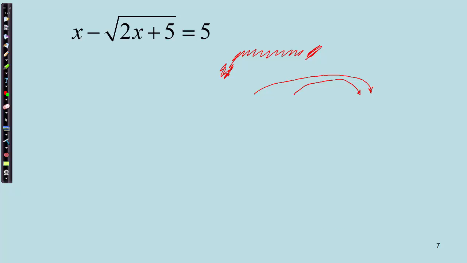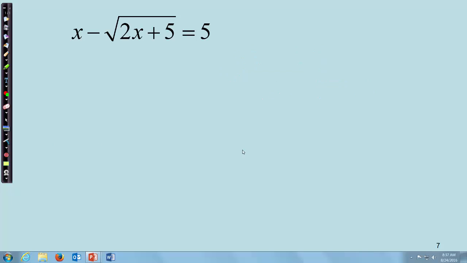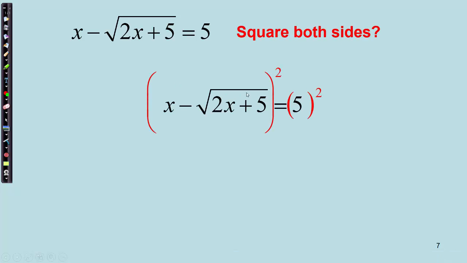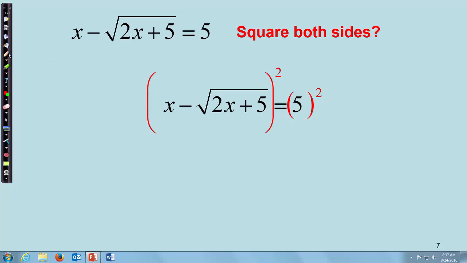Just want to show you one more of these. The deal with this one is you can't just go squaring both sides. If you look at the left-hand side, I will write a little bit of what you would get if you tried squaring this. Remember, when you're squaring a binomial, you don't just square each of these two terms.